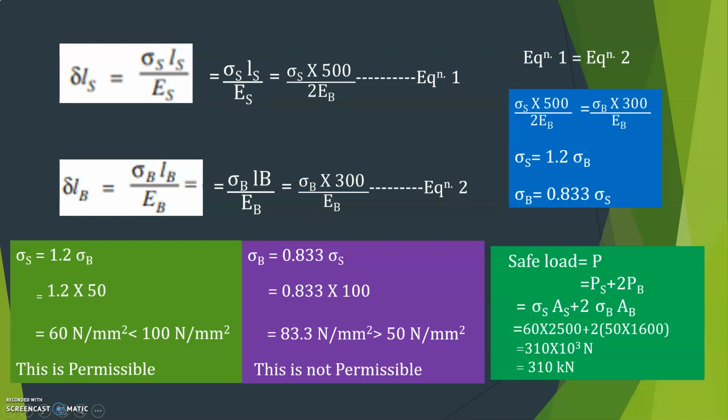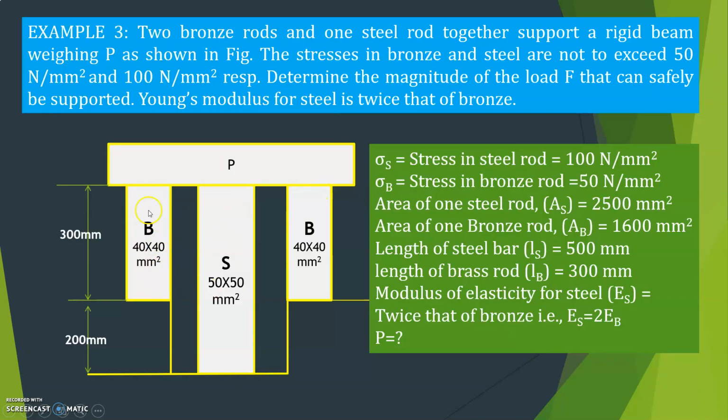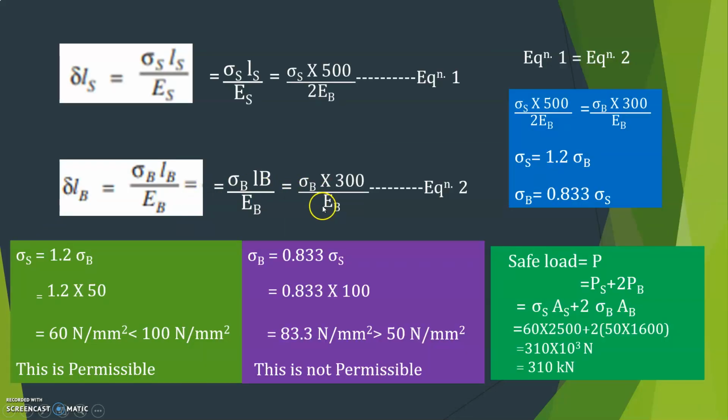Next, deformation of the bronze rod is sigma B into LB divided by EB. So substitute the values: sigma B into LB, the length of the bronze rod, that is equal to 300, divided by Young's modulus of bronze rod. It is not given, let it be EB.